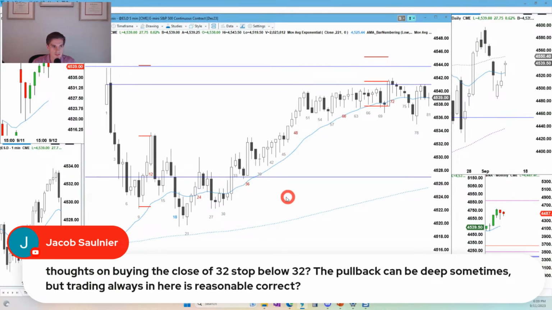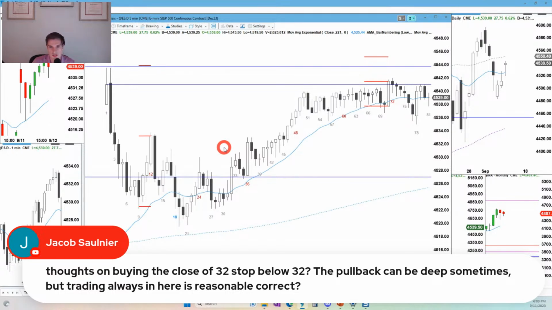The first problem is the tail on 32, the high of the bar. What do you think happened at the close of 32? There were bulls who started selling out of longs. They took profits at the close of 32 and the bears started selling. So if traders were so confident that the market was going to go higher, traders would have bought all the way into the close of the bar and they didn't.